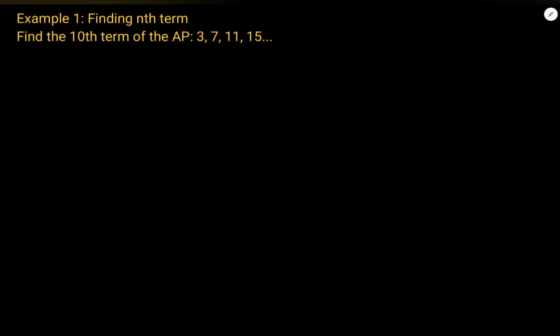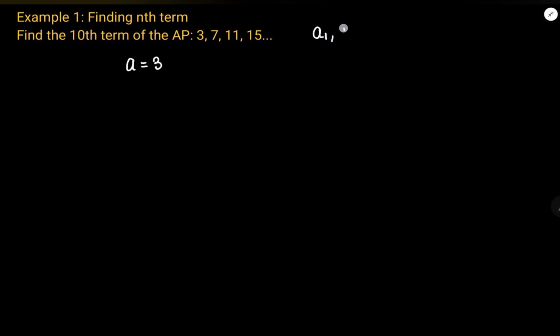Find the nth term of the AP 3, 7, 11, 15. Here A is equal to 3, the first term. Usually we write an AP like this: A1, A2, A3 and so on up to An.